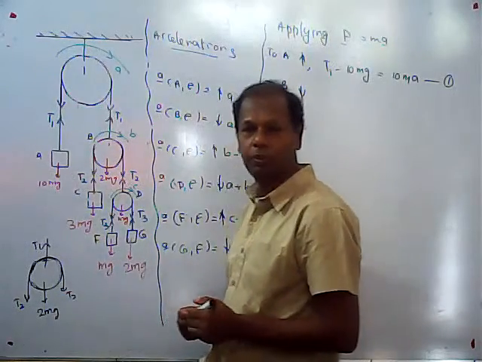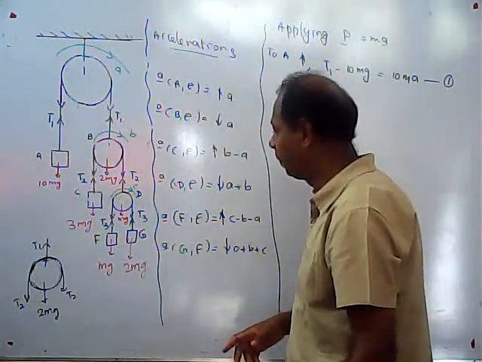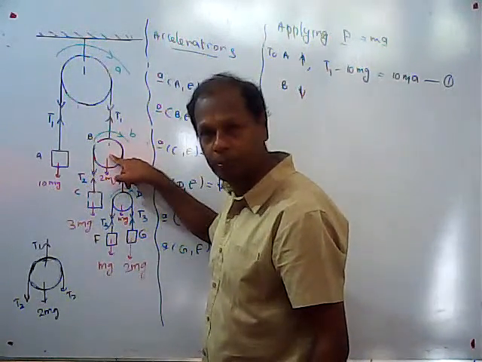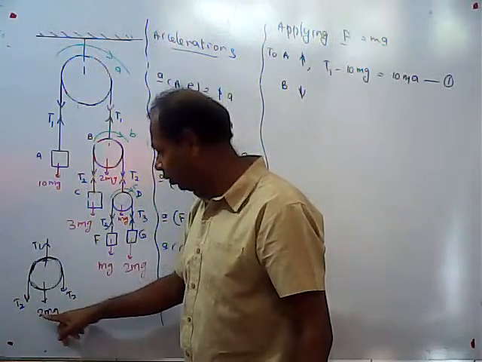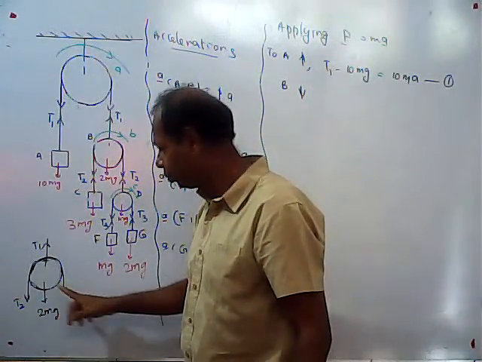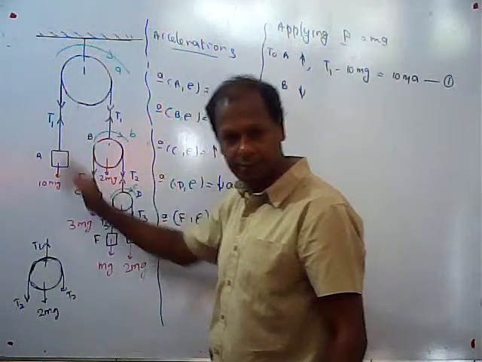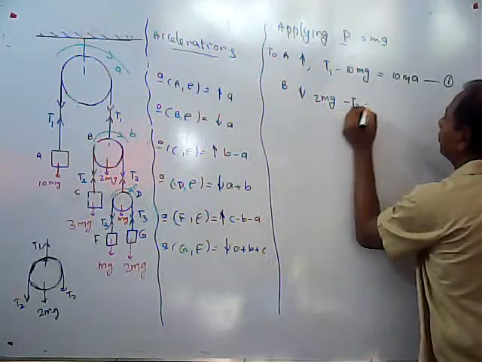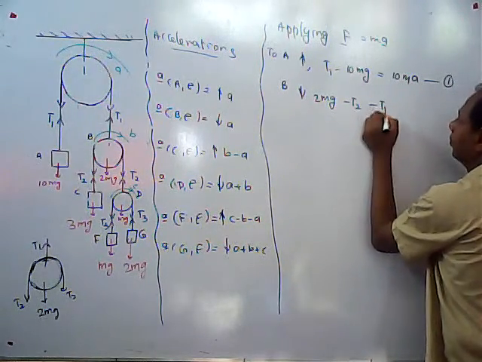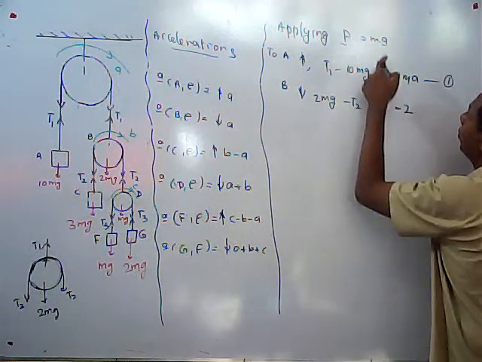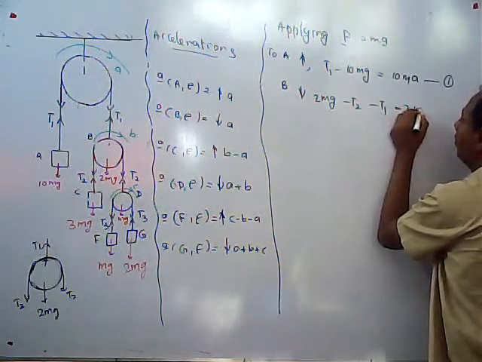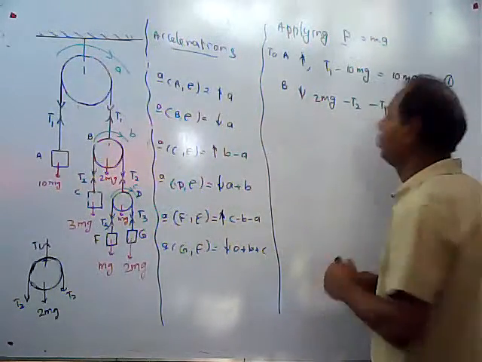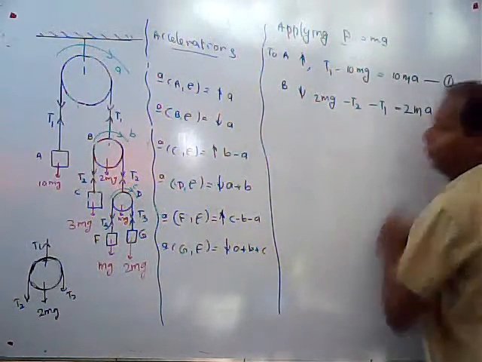If you apply downwards, so this moving pulley will be 2mg plus 2T2 minus T1 equals 2m times the acceleration we wrote here, so it is 2ma, right?